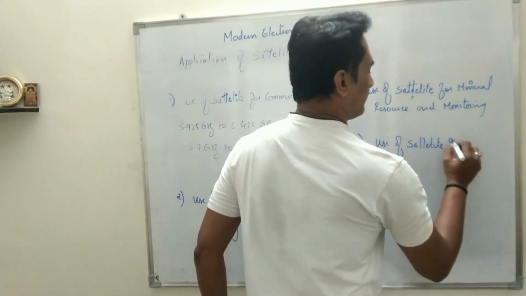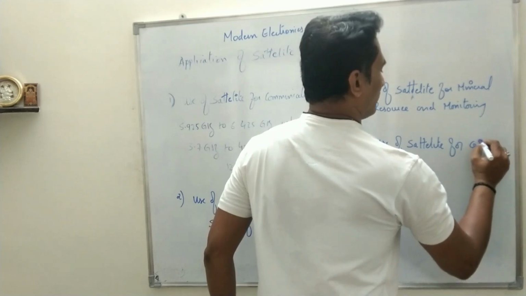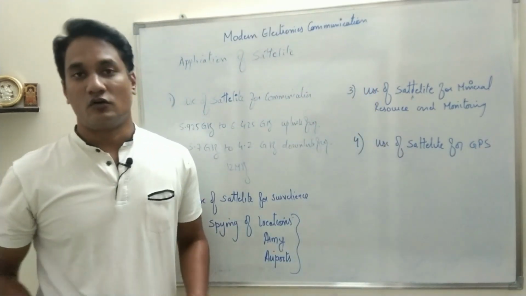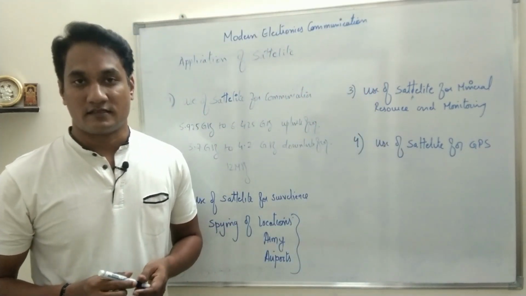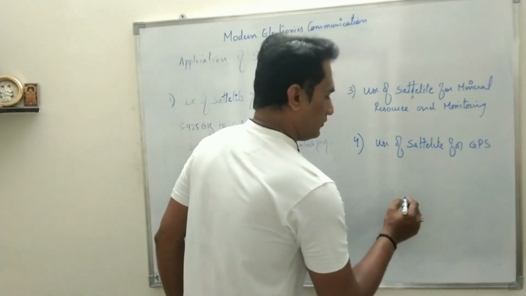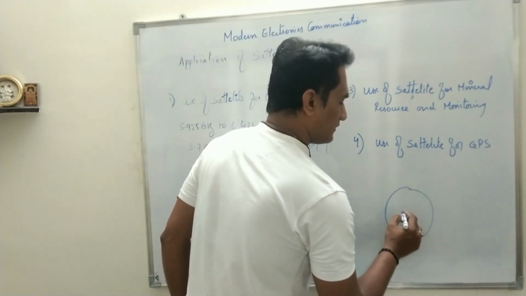And the fourth one is use of satellite for GPS, that is the global positioning system. In the global positioning system, this is the earth, for example.